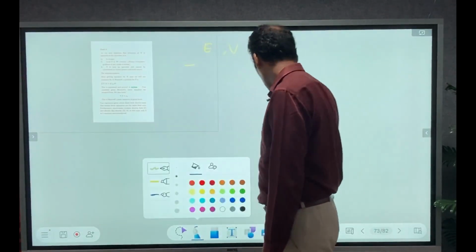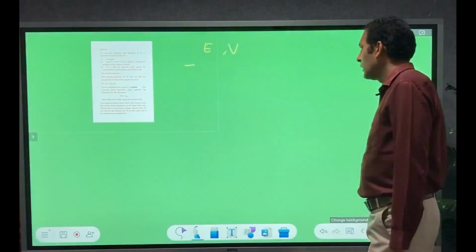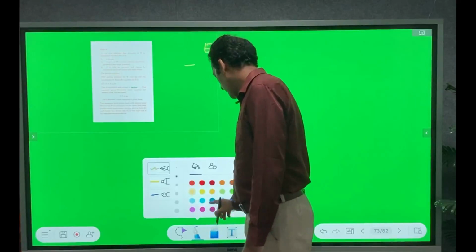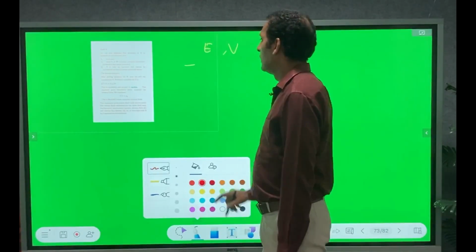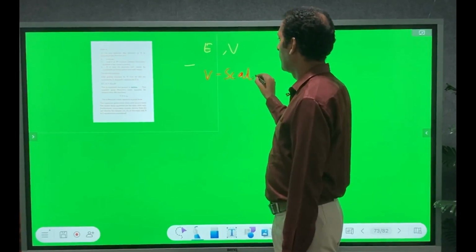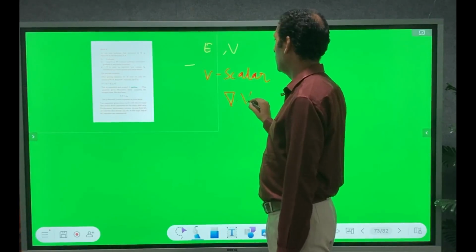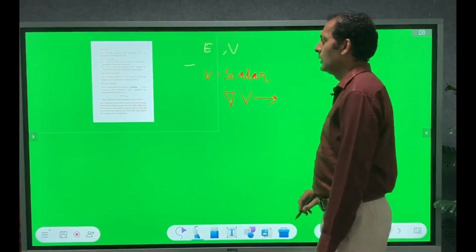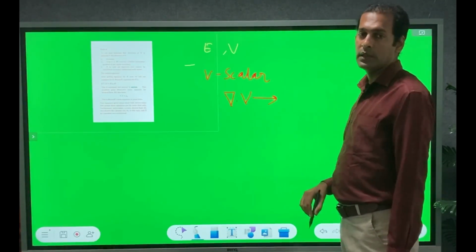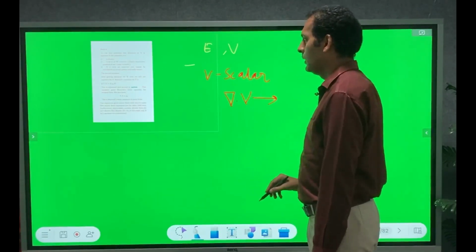Then the second point is that voltage is a scalar quantity, and if we take del V, it is the gradient. Del is only one operator and it cannot be considered as a vector itself unless it is used with any other vector or scalar.